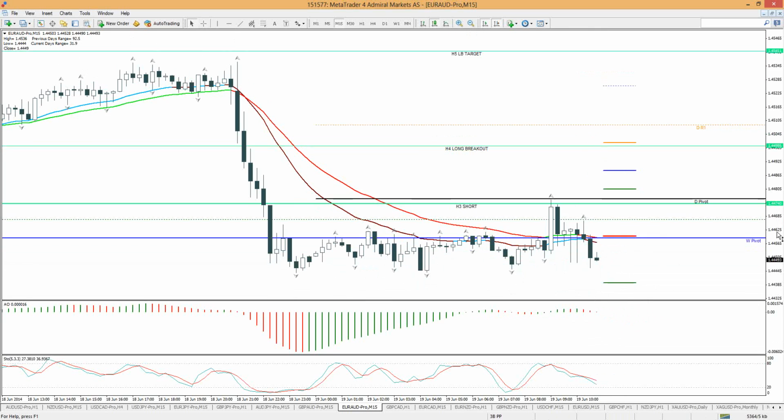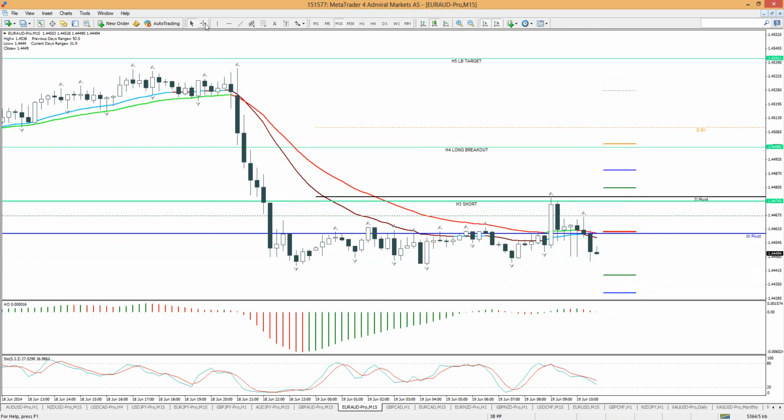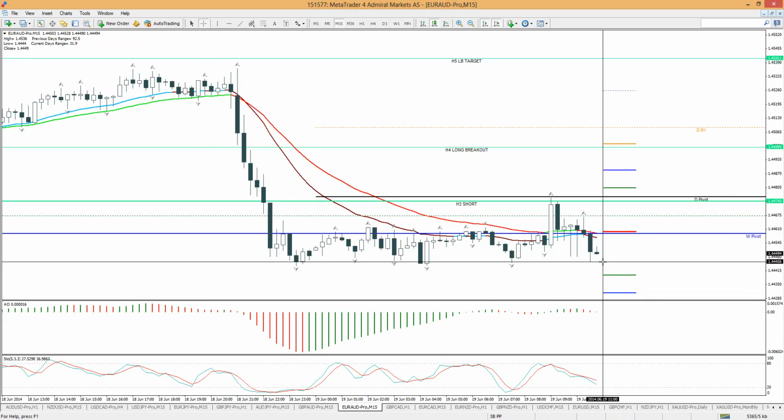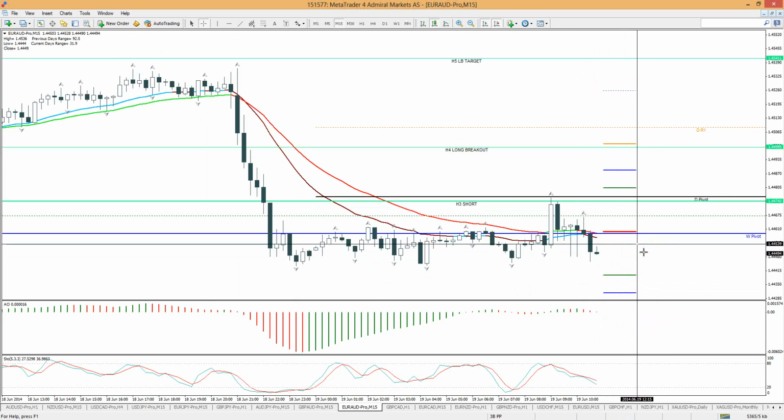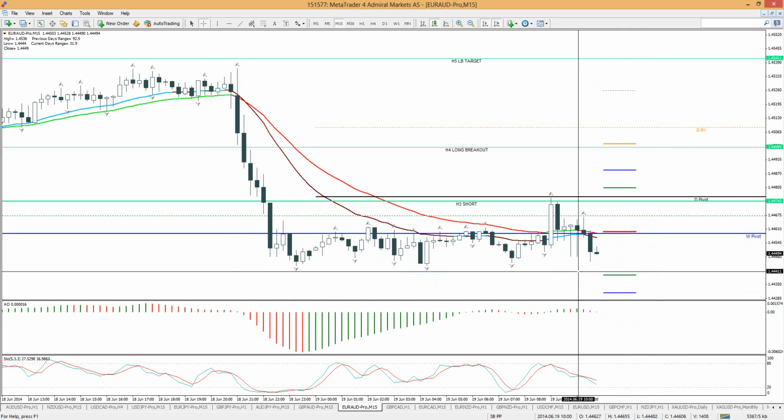The other option, if we do push through, then I would like to see a break below this low. So it's either or. Either 2-3 candles and we close below the low, something like this, in my opinion. 1, 2, 3 candles, and we close below the low, then we should see follow through. Or we indeed break immediately below this low, and then there's that good chance of a breakout.